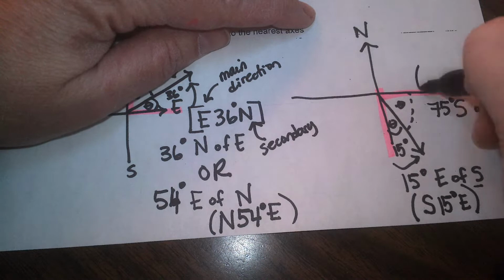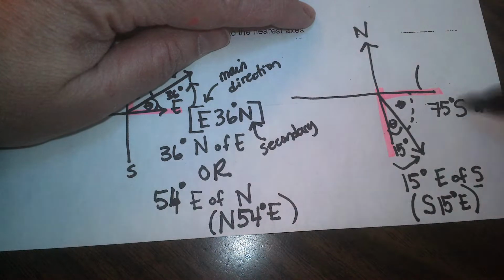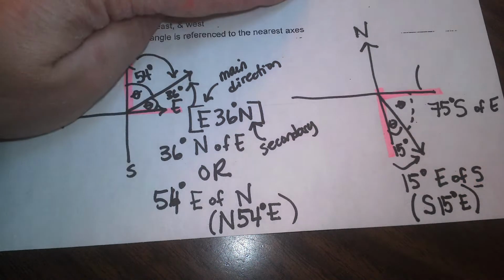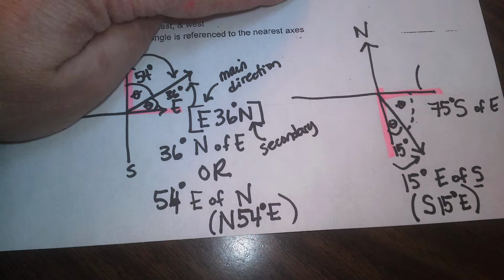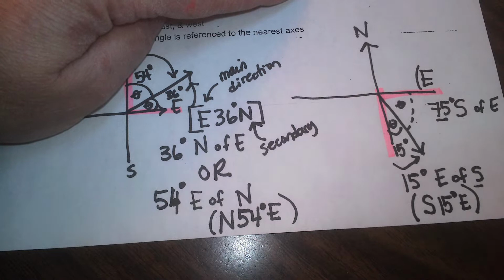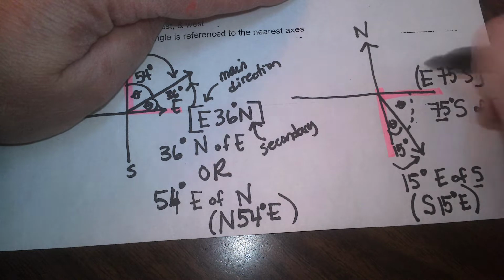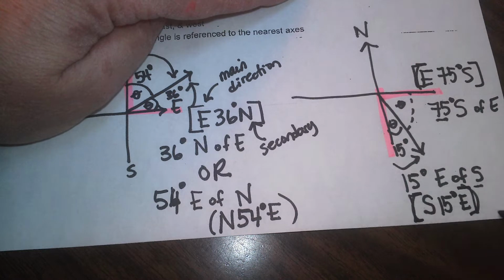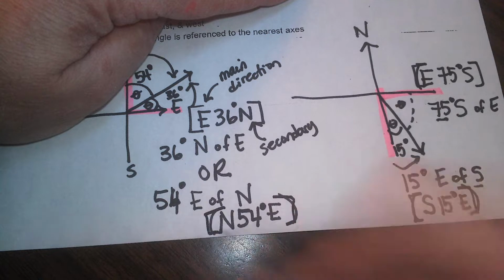Avery, try this one. How would I write it in this format here? What did you say? Oh, east. So, good. Do you have a question, Daniel? Yeah, square, sorry.